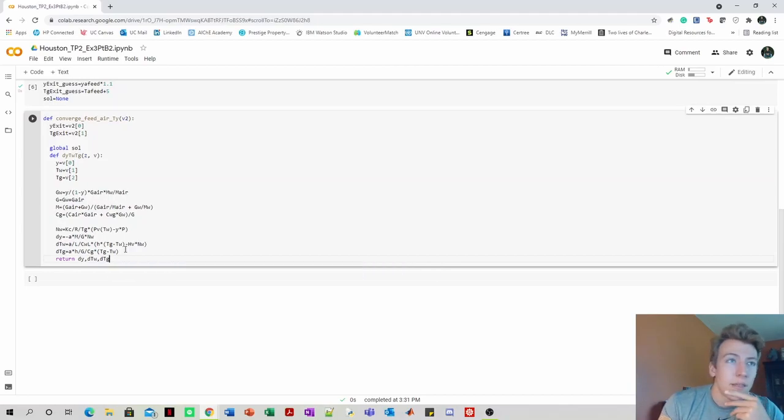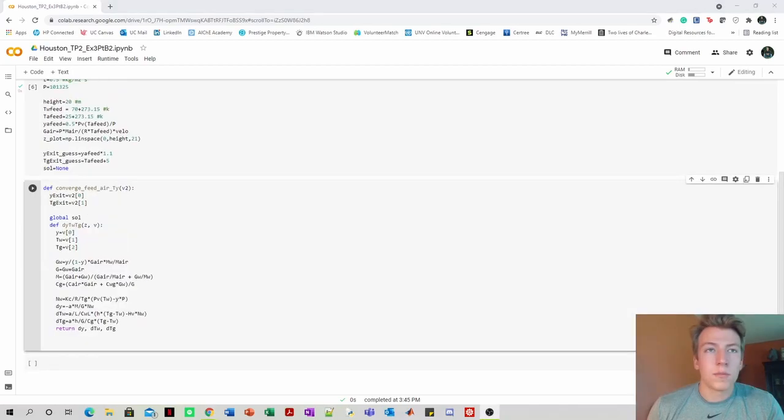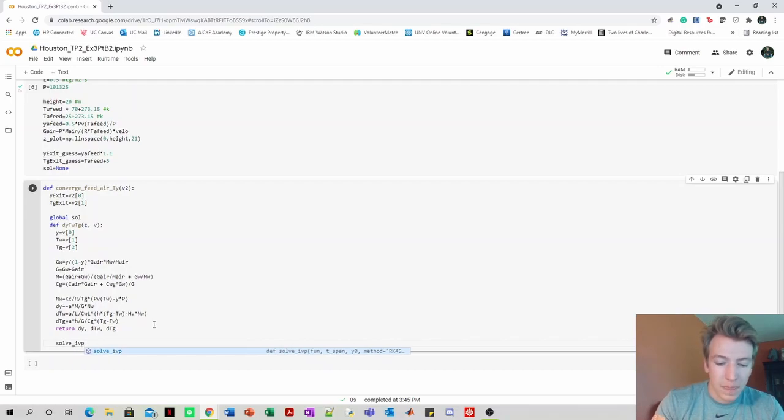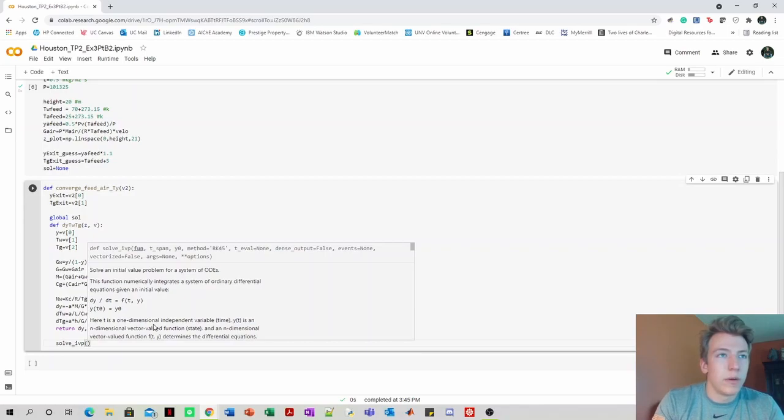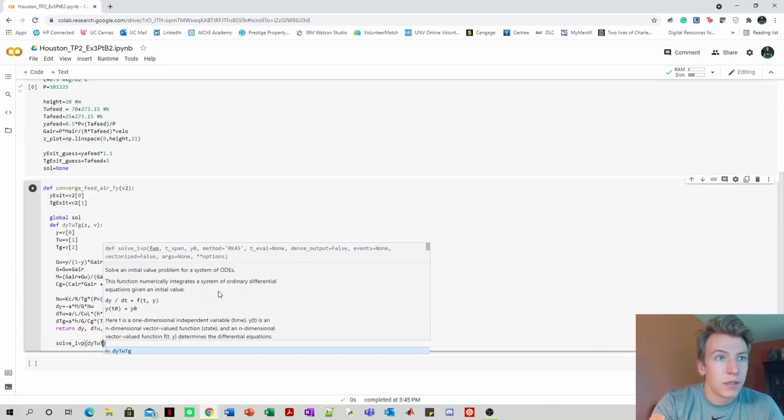So then we can actually input our solve IVP. Now we're going to incorporate the solve IVP function into this. I'm just going to type solve IVP, and then in parentheses, what we start with is our function, our callable, which we're going to call dy tw tg for our differential equations.